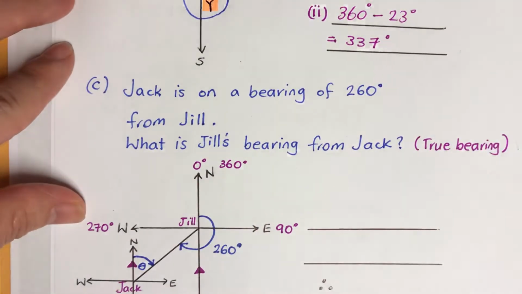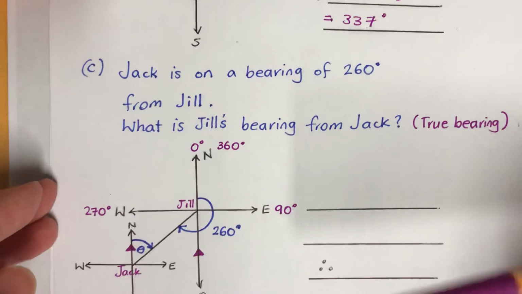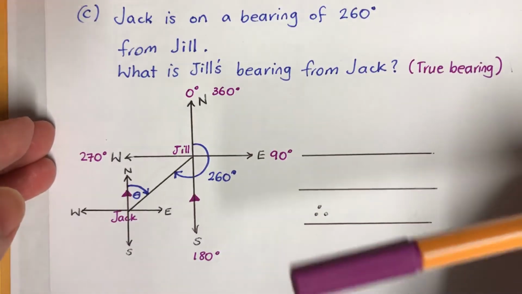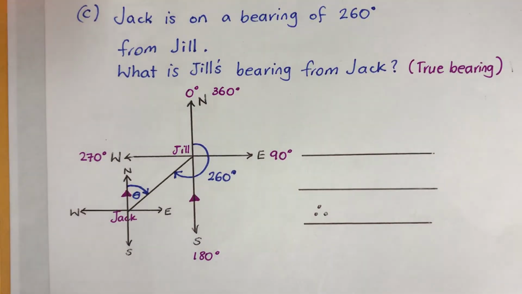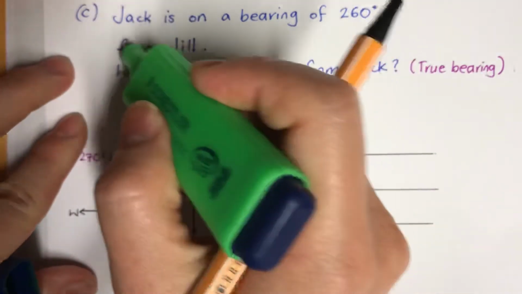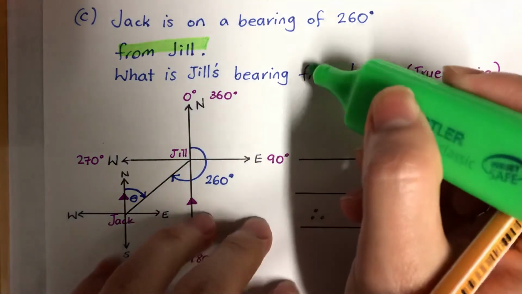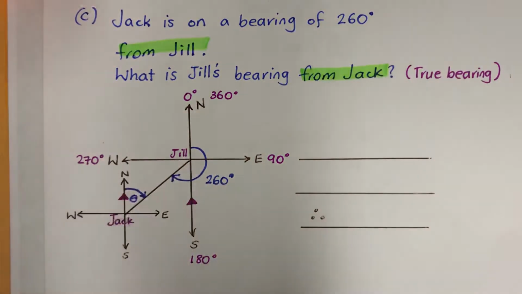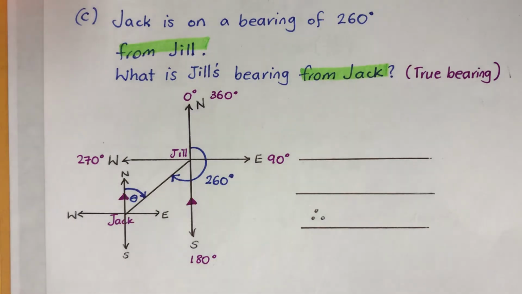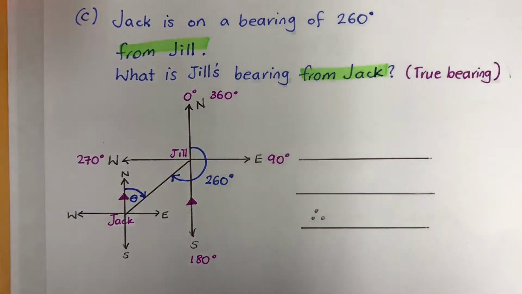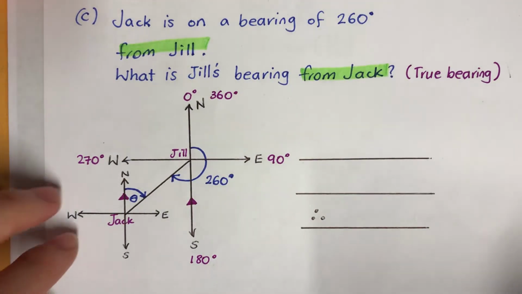I'm going to show you a whole lot. Okay, Jack is on a bearing of 260 from Jill. So from Jill, Jill is the starting point for us. What is Jill's bearing from Jack? We're getting two starting points, which means two sets of compasses.